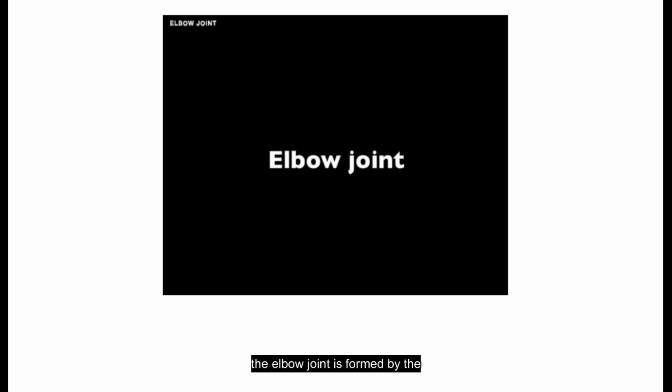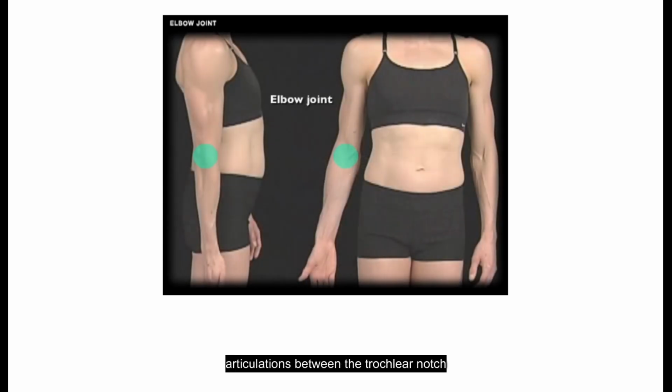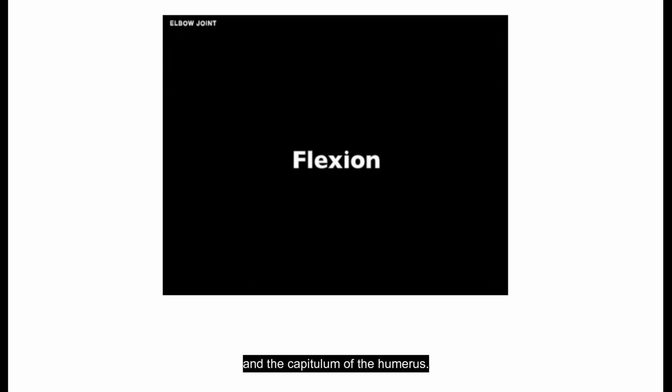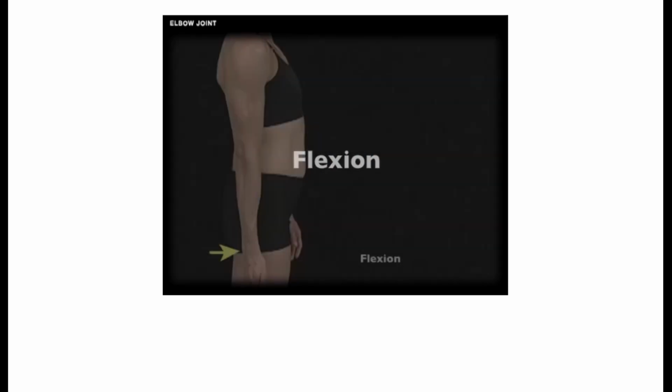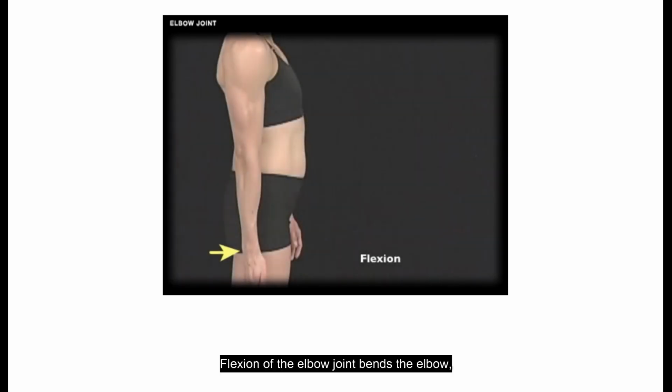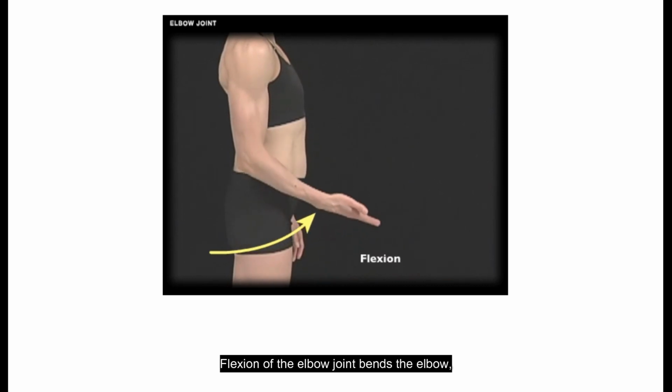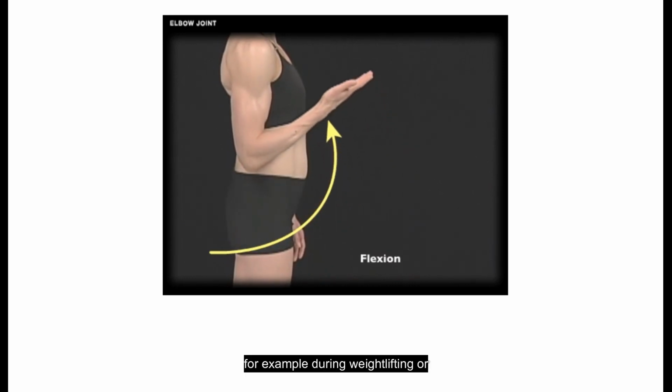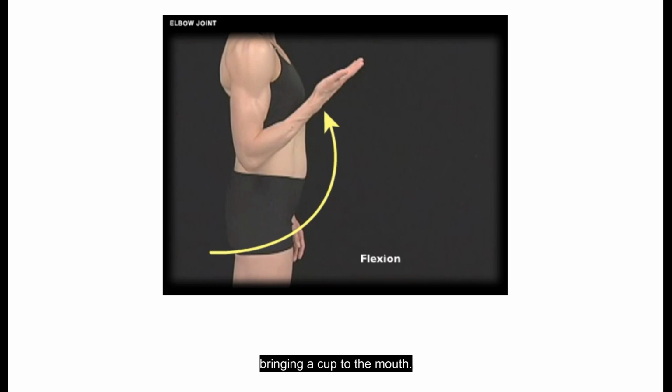The elbow joint is formed by the articulations between the trochlear notch of the ulna and the trochlea of the humerus, and the head of the radius and the capitulum of the humerus. Flexion of the elbow joint bends the elbow, for example, during weightlifting or bringing a cup to the mouth.